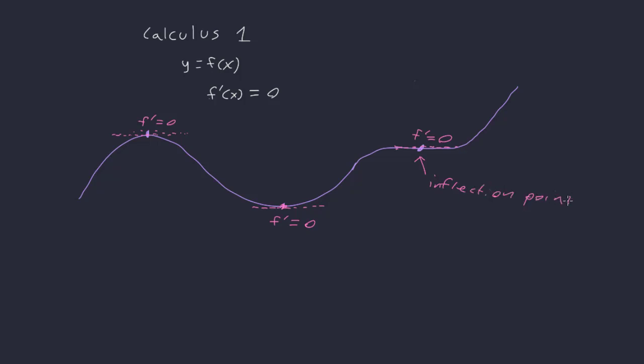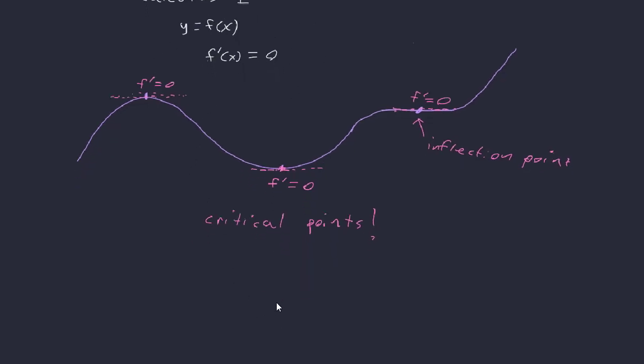But the idea was that anywhere the derivative was 0 gave us a place to look to see if it was a max or a min. These were critical points. We have a very similar idea in Calculus 3, except instead of looking at the derivative, we'll be looking at the gradient.